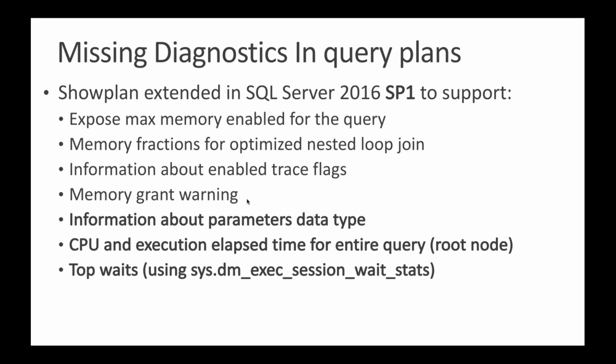And this is obviously only in an actual execution plan, not estimated. But you can see what your query waited on, which to me is absolutely fantastic. I'm really, really happy. What's Microsoft doing here? They're making your job for tuning and troubleshooting a lot easier. So when you're trying to understand what's happening in a query plan, this is going to simplify your life tremendously.